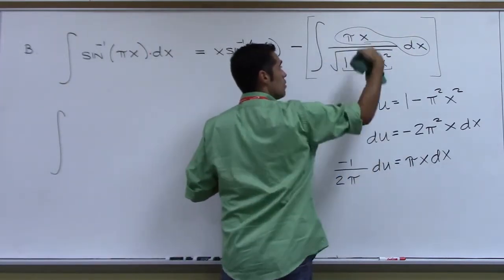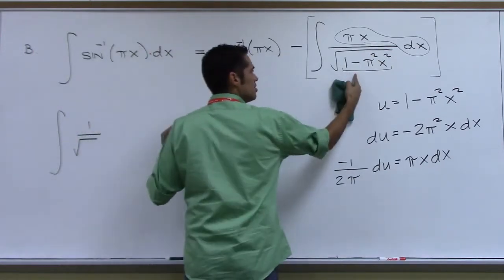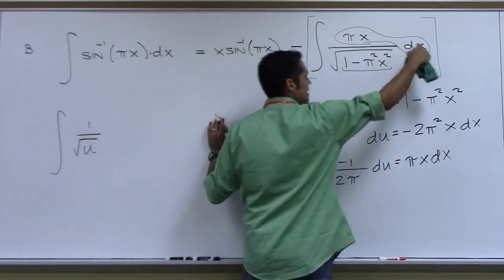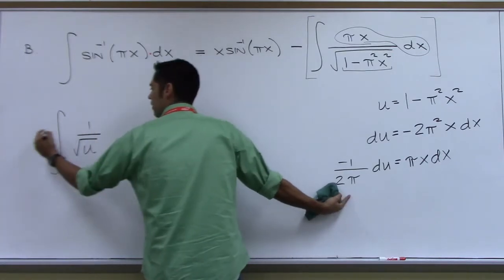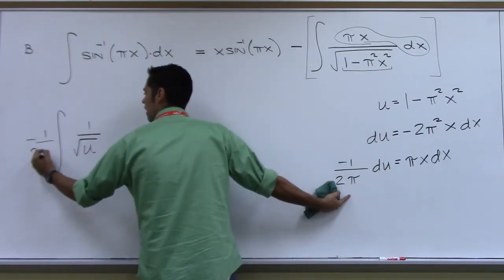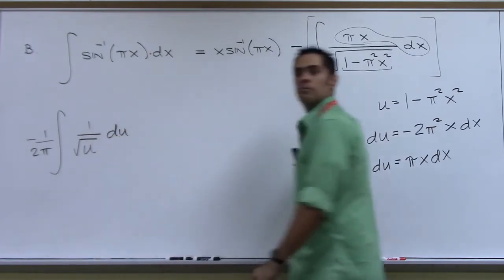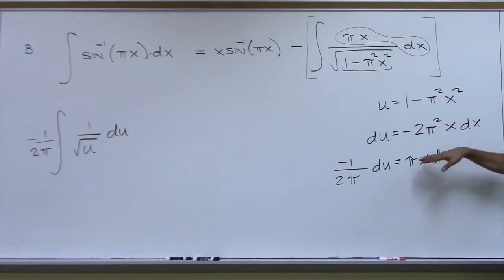So I have a 1 over what? 1 over root. What's all this junk? u. And then what does all the pi x dx turn into? This right here? So how about I put negative 1 over 2 pi out here, and then the du, I slap that on the back like this. Isn't this with the appropriate substitution? That's this.